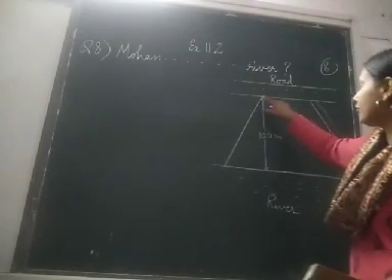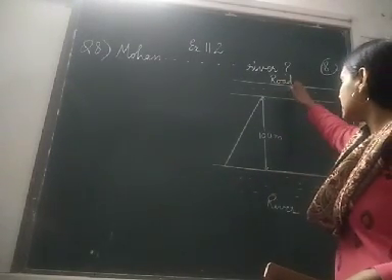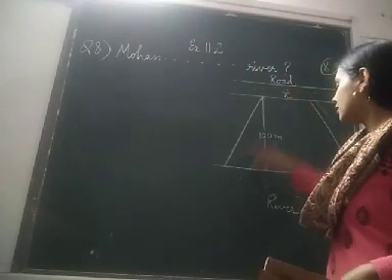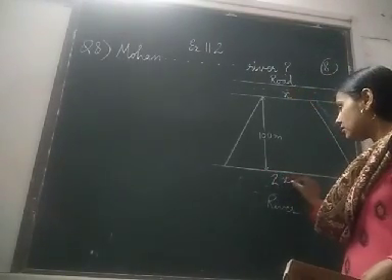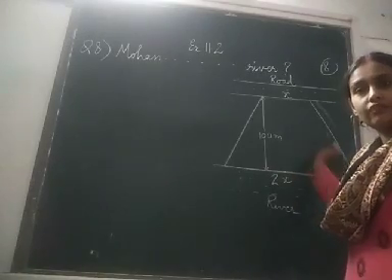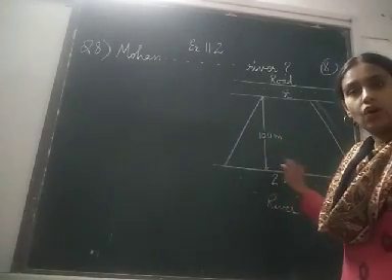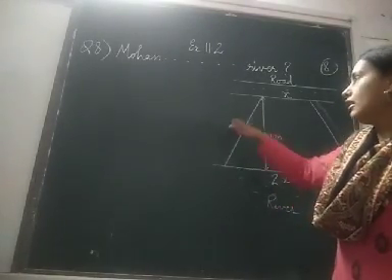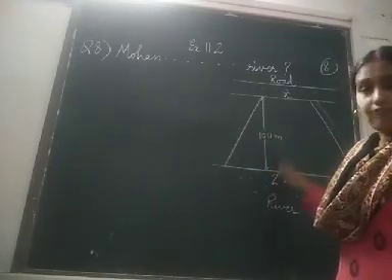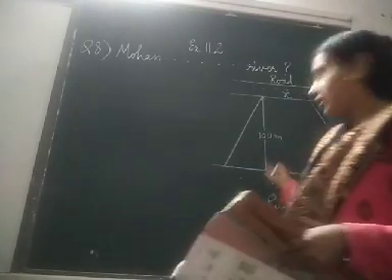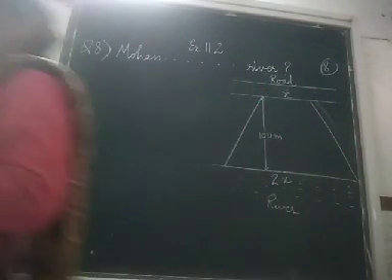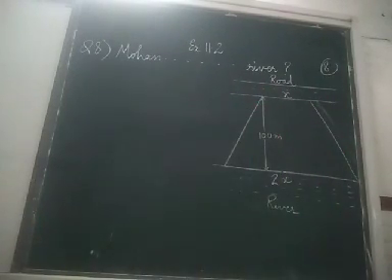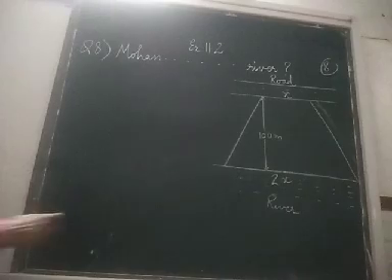If we assume this as x, this becomes 2x. Then with the formula for the area of the trapezium, we will get the value of x, and then we will write the length of the side along the river. So let's start.